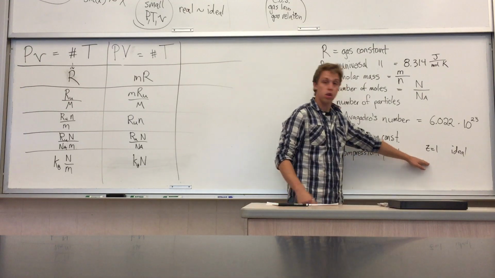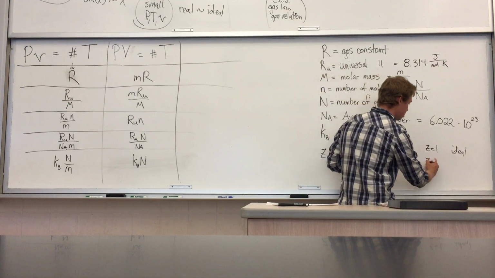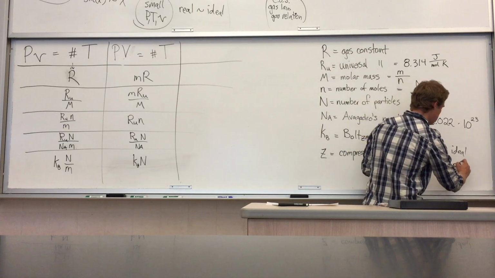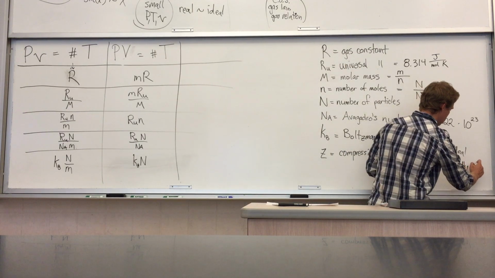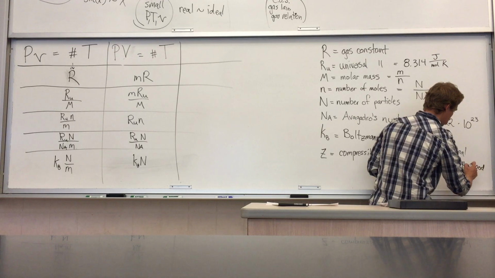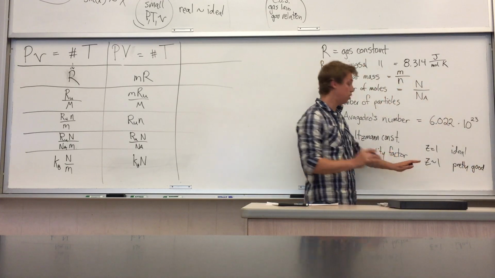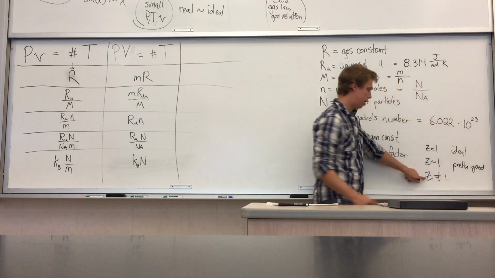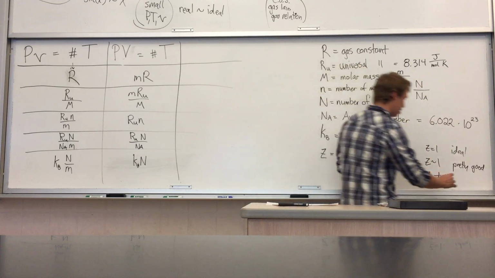If Z is close to 1 but not equal to 1, so Z is about 1, then we're pretty close. We're pretty good. And if Z is really not equal to 1, not even close, then we're pretty bad.